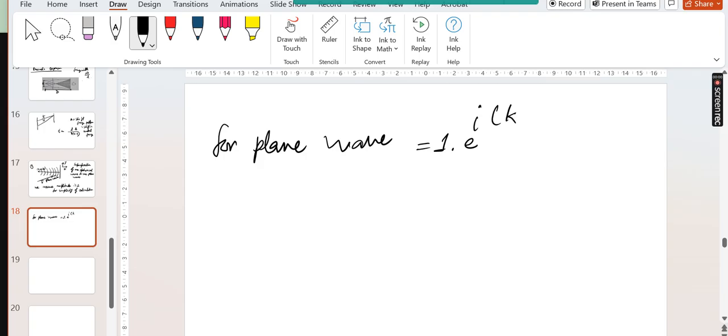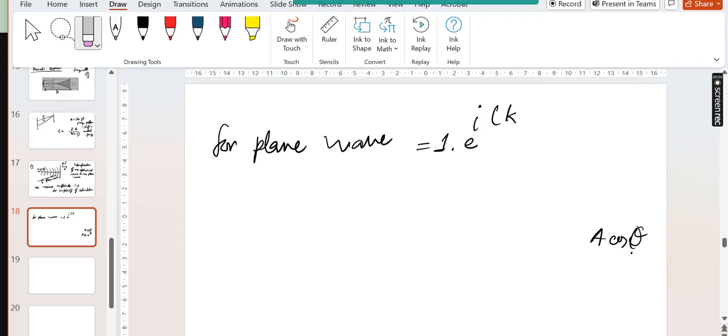To solve these things very conveniently, we always do this calculation in exponential form. So A cos theta can be written as A times the real part of e to the power i theta.